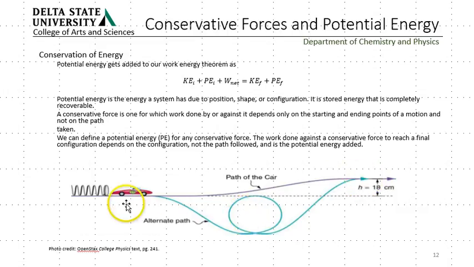The details in between are different, but when we're talking about conservative forces, that does not impact the final outcome. You get over here, the same amount of work has been done because you've got the same change in potential energy, same change in kinetic energy. All of that adds up to being the same no matter which path you take.